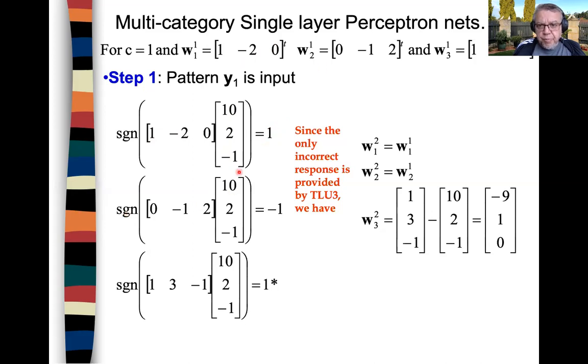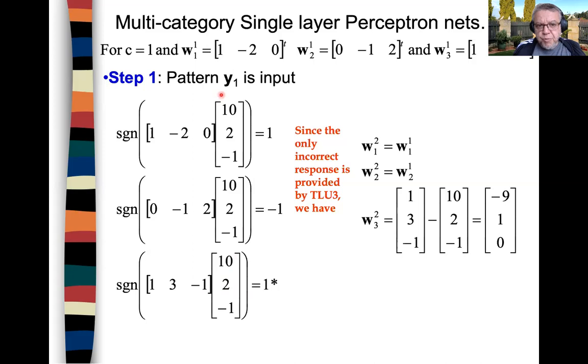Now, if we do the same thing for that same input pattern Y1, 10, 2, -1, but for the second threshold logic unit, where the corresponding initial weight is 0, -1, 2, the response is -1. And the same thing for threshold logic unit 2.